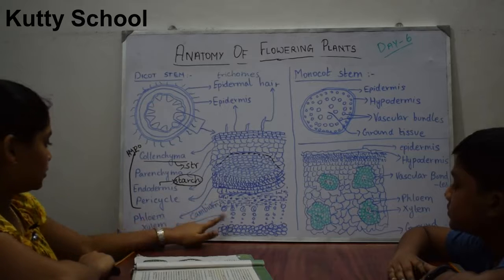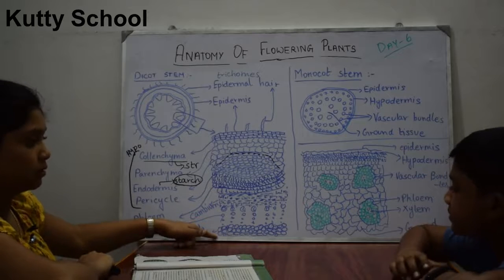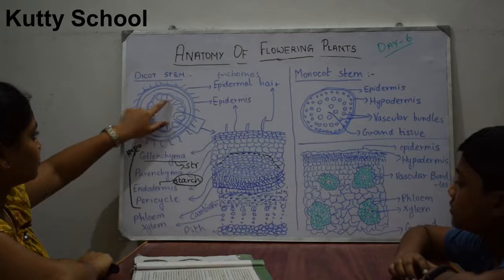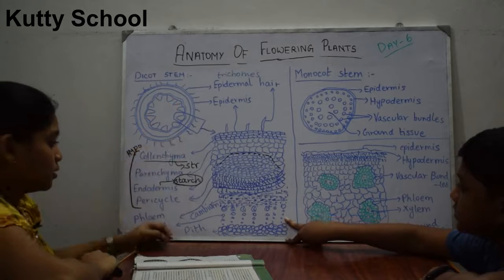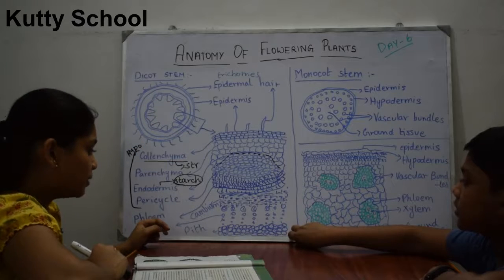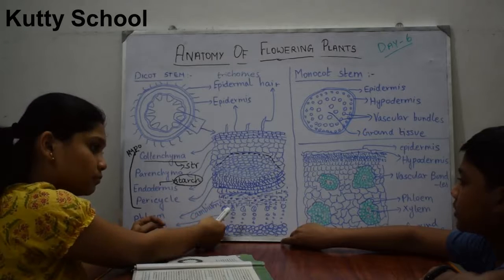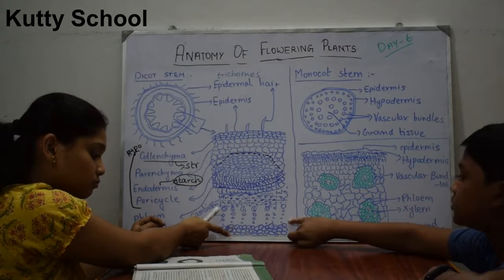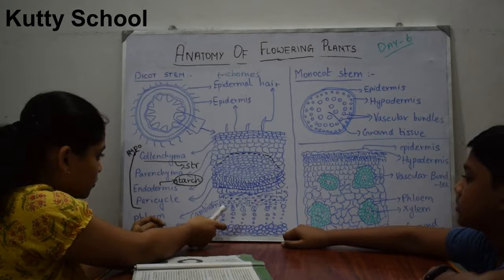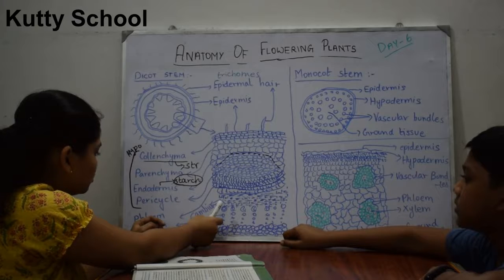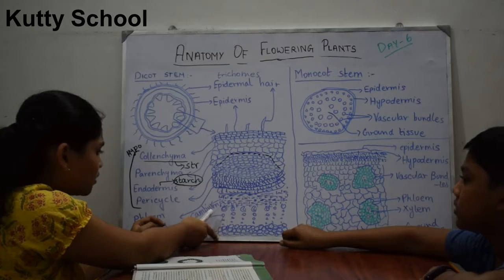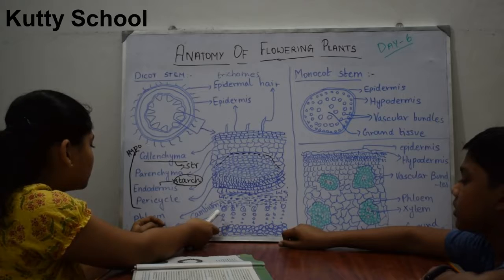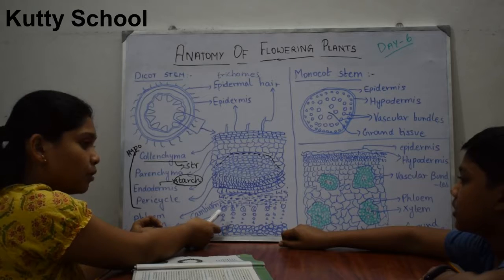And after these two xylems, there comes pith. Pith is the central tissue. We have already studied about pith. What is its use? It does not have much importance in these plants.